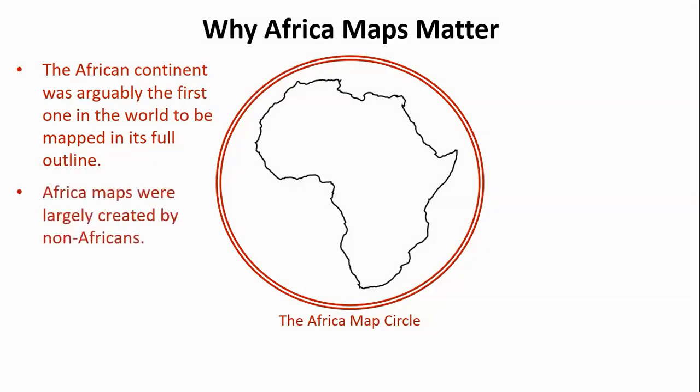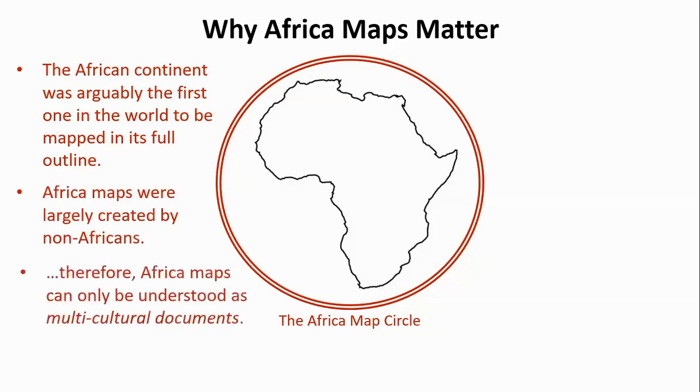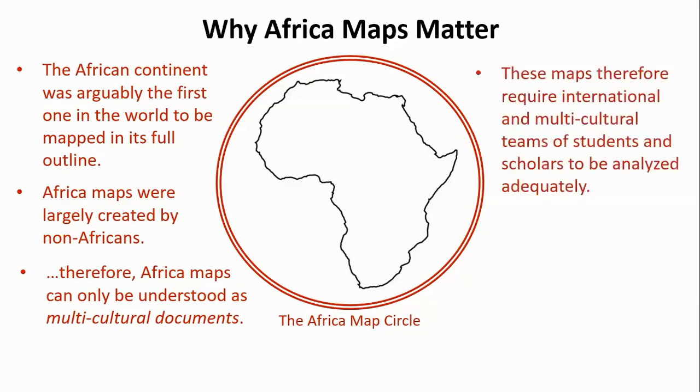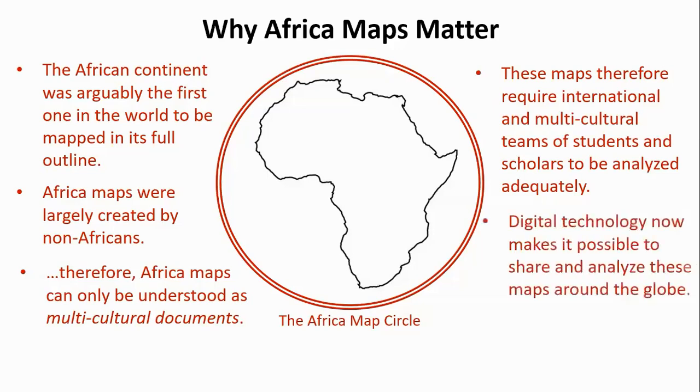Yet Africa maps were largely created by non-Africans. Therefore, Africa maps can only be understood as multicultural documents from the beginning. These maps therefore require international and multicultural teams of students and scholars to be analyzed adequately.